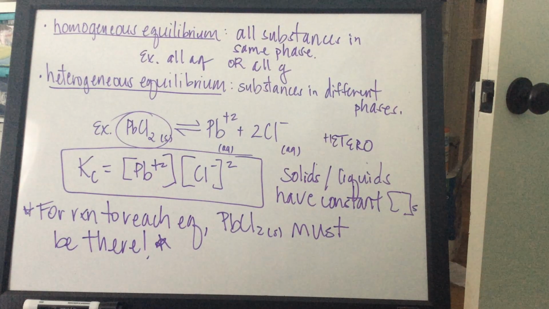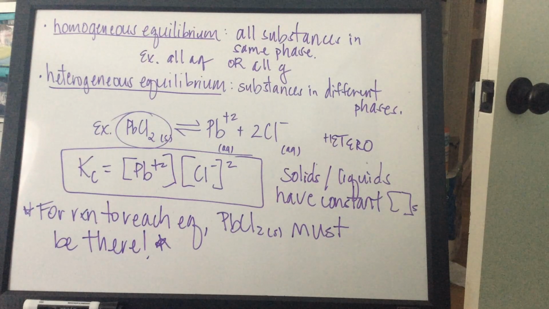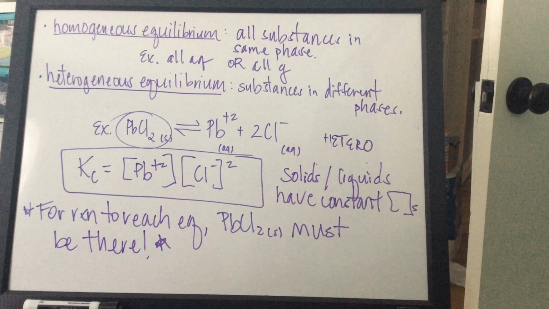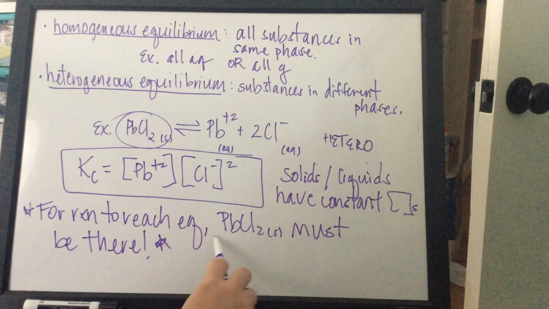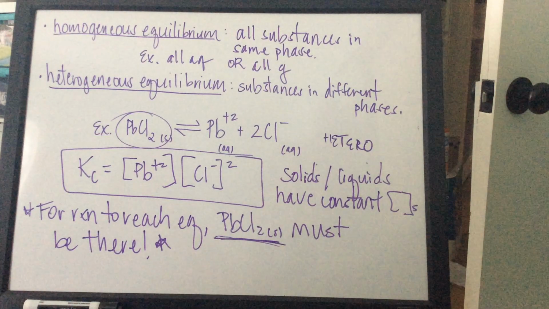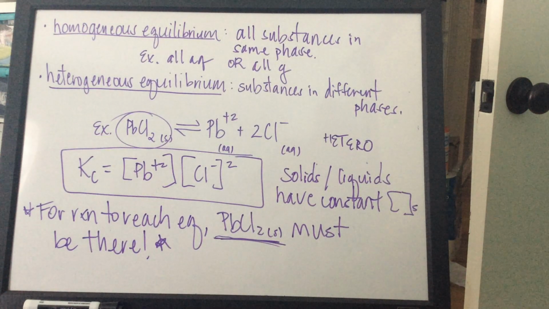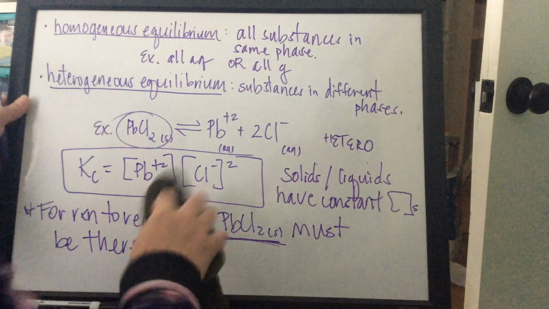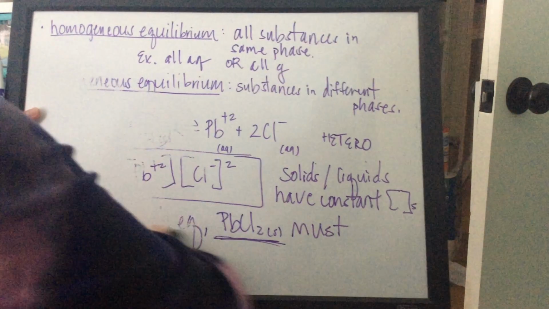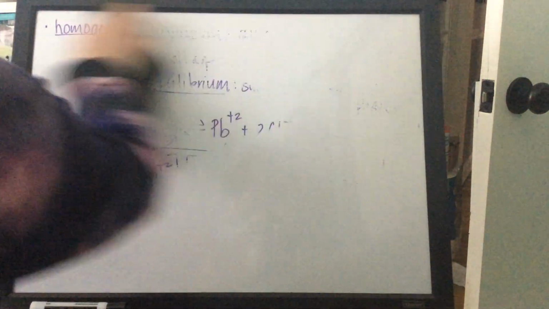It's just that its concentration in and of itself does not affect the value of Kc. So don't misinterpret that to mean that I don't need PbCl2 for this reaction to reach equilibrium, because of course we do. It's just that it's not in the expression for the equilibrium constant.